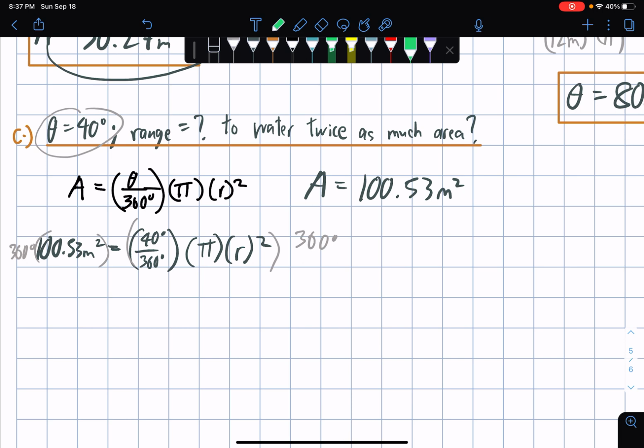So the same drill, the same thing that we usually do, 360 cancel out each other, and for the other side, 360 times 100.53, it is 36,190.8 meters squared. And at the other side, it's 40 times pi times radius raised to 2.